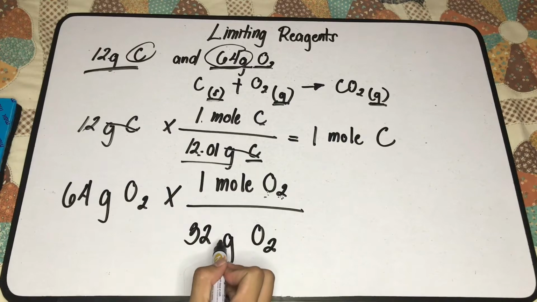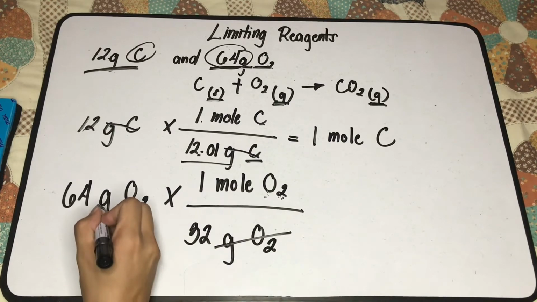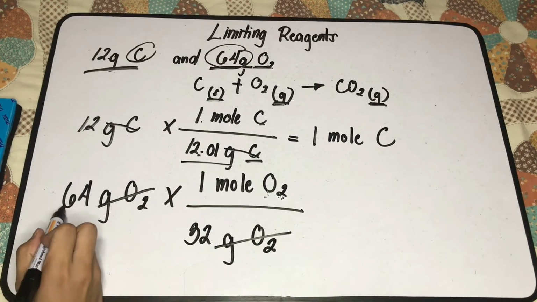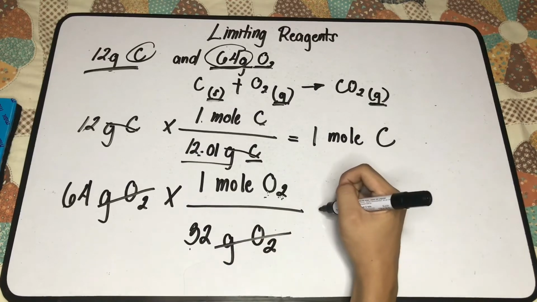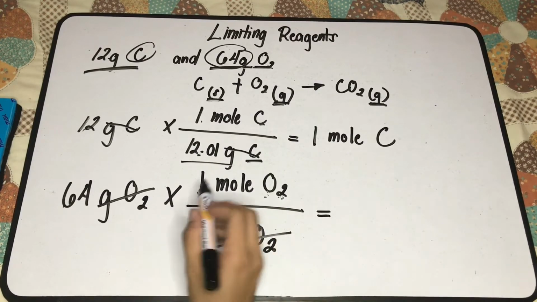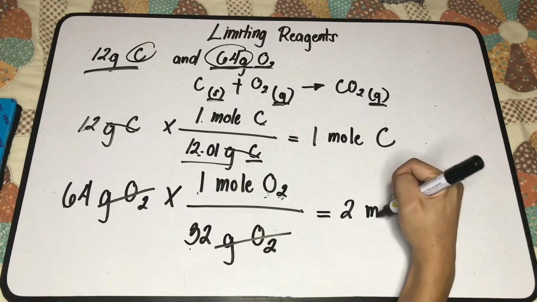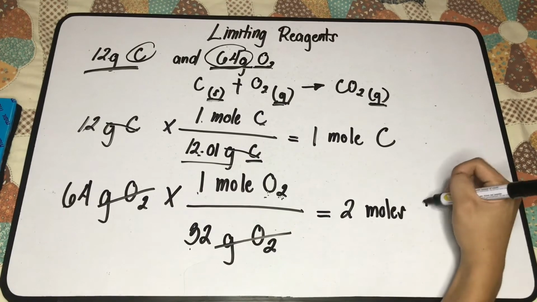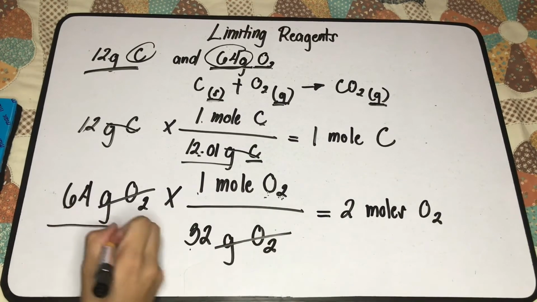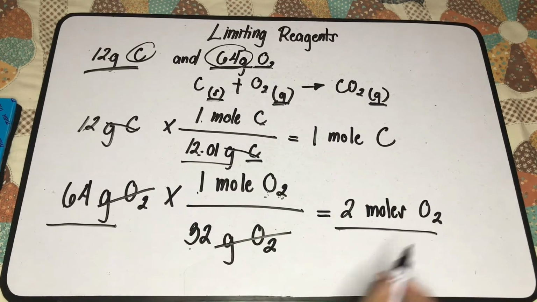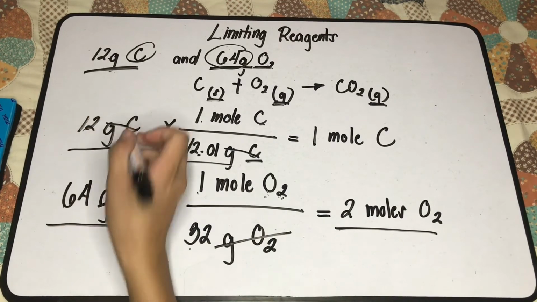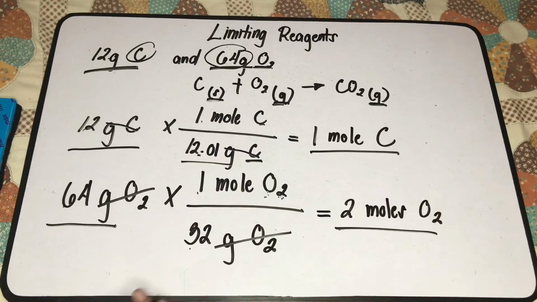So, itong grams per oxygen gas, pwede na natin makancel. 64 divided by 32, we have 2 times 1, we have 2 moles of oxygen gas. Meaning, sa 64 grams, meron tayong 2 moles ng oxygen gas. Sa 12 grams ng carbon, we have 1 mole of carbon.